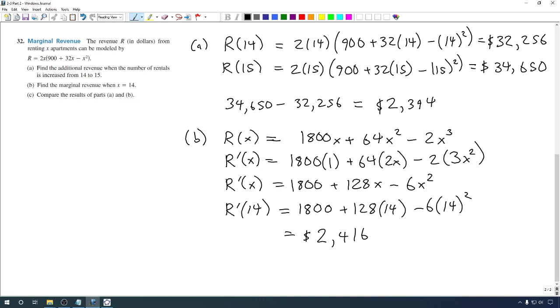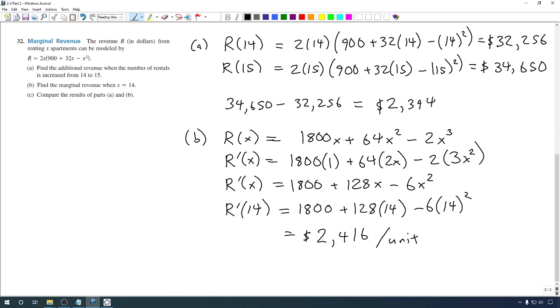So marginal revenue is just like a change in revenue in that we get units of dollars. Now, when we worked with rates of change, we usually got whatever units we were dealing with over time, over seconds or over hours. Because we're just working with units here, you could say this is actually dollars per unit. That would be another way of looking at it, but it just depends on exactly how you want to write it. I guess that's probably what we should say here: $2,416 per unit.